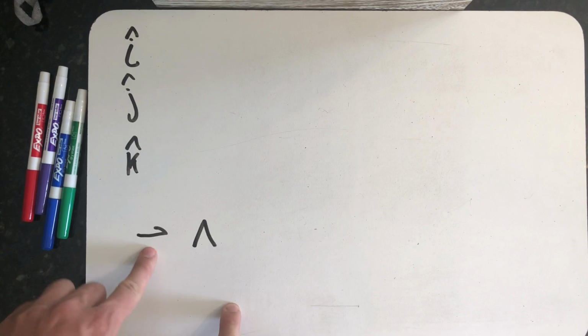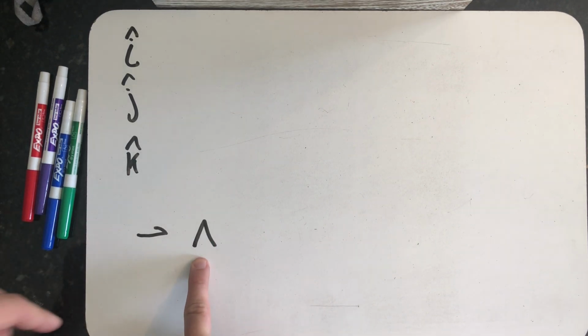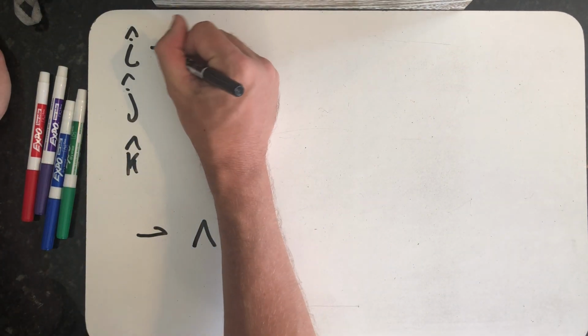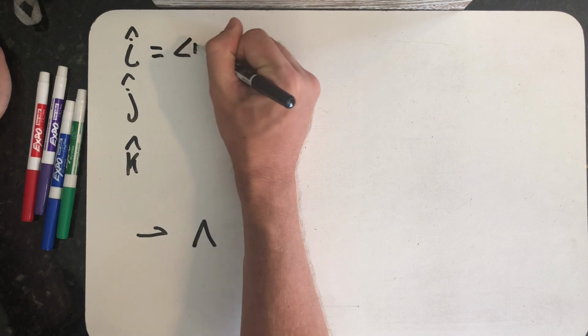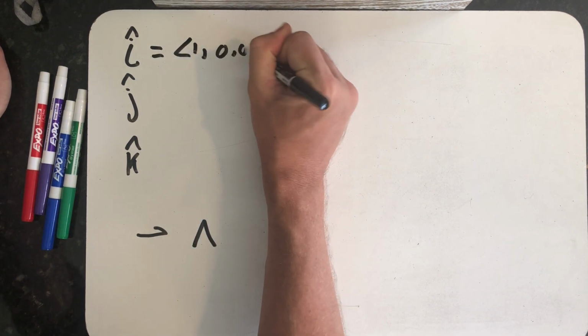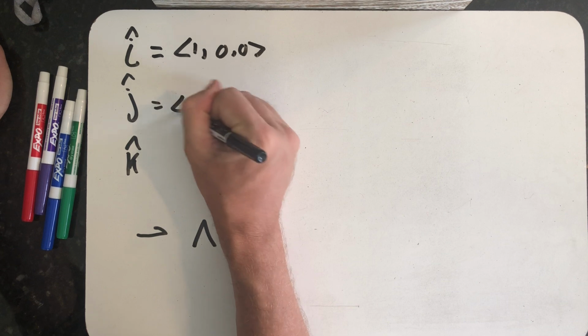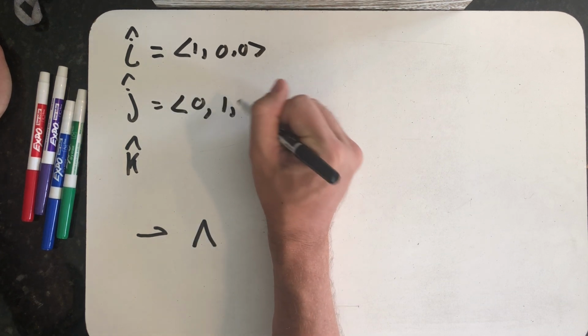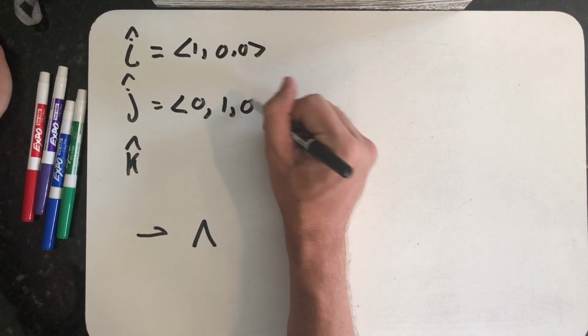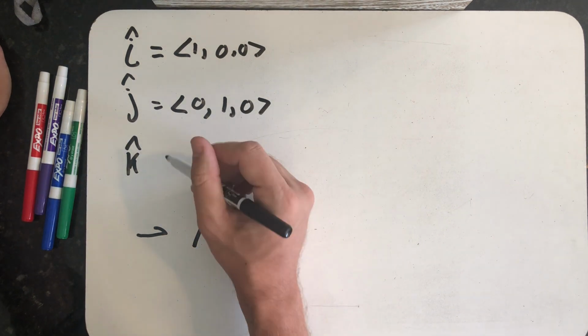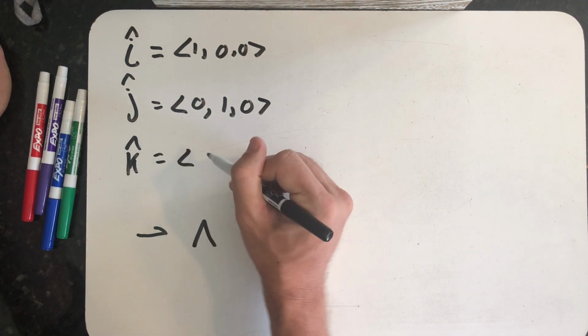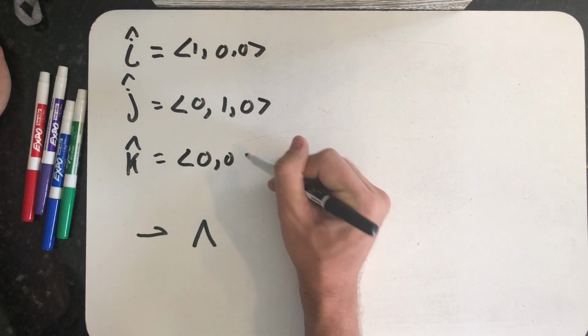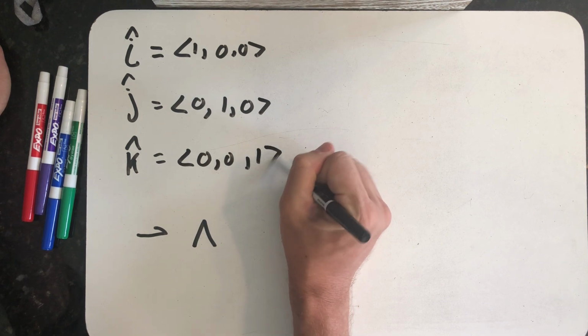So this would say I'm a vector, and this says I'm a unit vector. The vector i is the unit vector that points 1 unit down the x-axis. Vector j points 1 unit up the y-axis, or over on the y-axis, depending on how we're thinking about it. And k points 1 unit up on the z-axis.